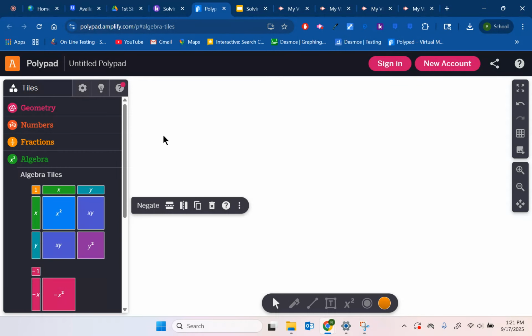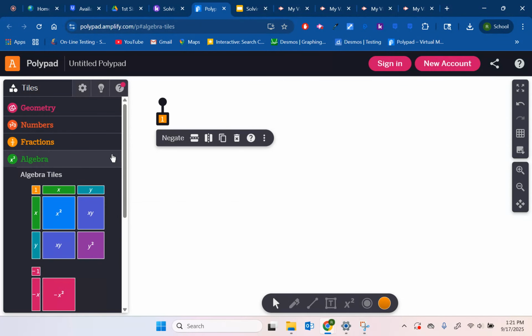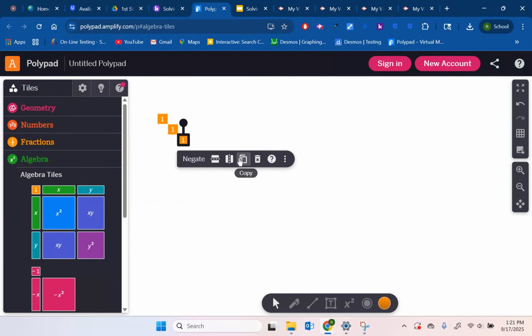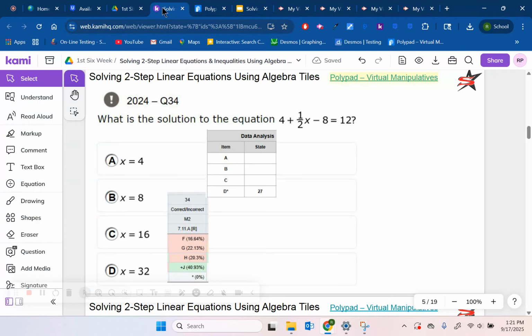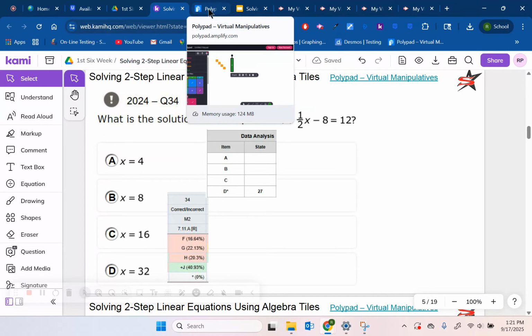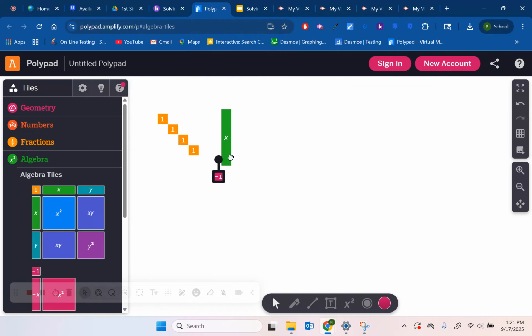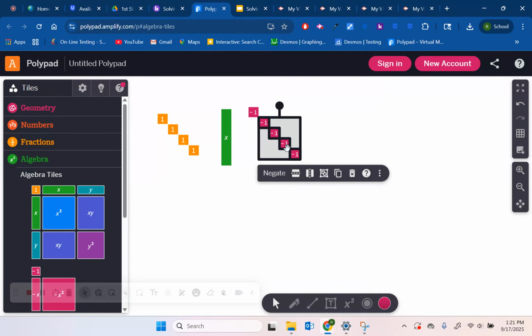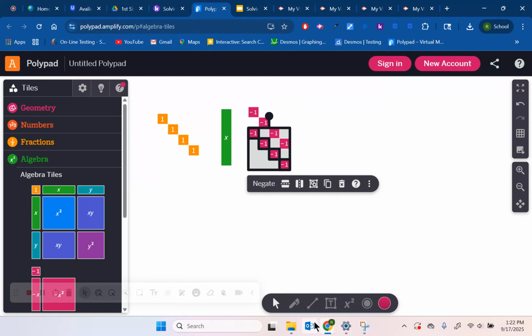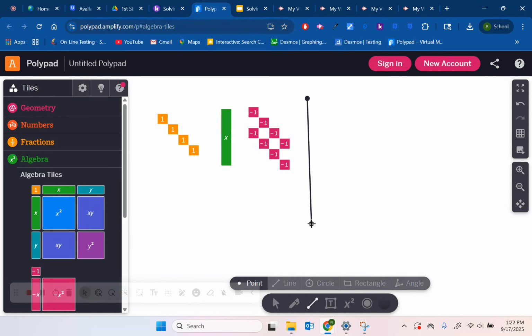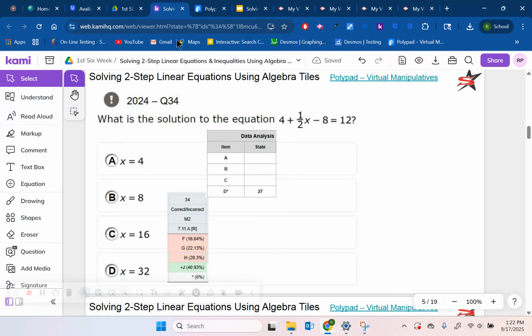4, 1, 1, 2, 3, 4, plus a half x, I know there's a full x there, minus 8, equals 12.